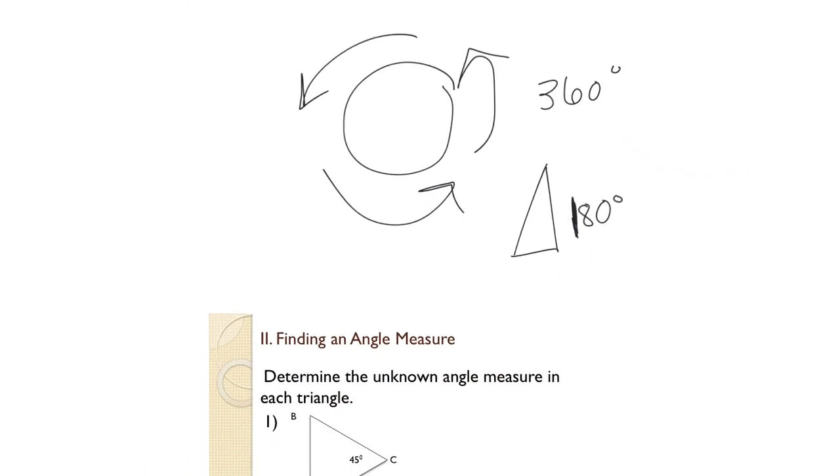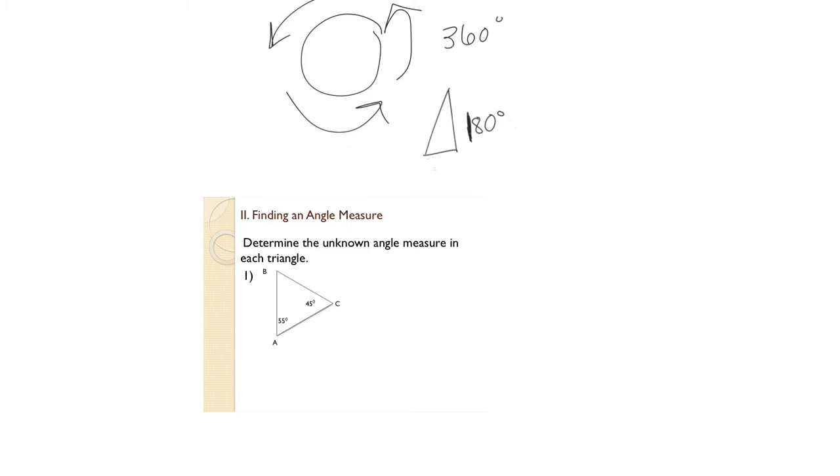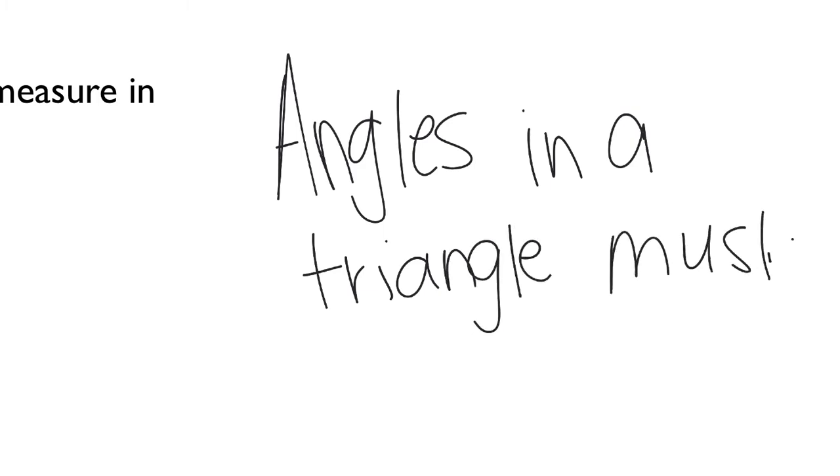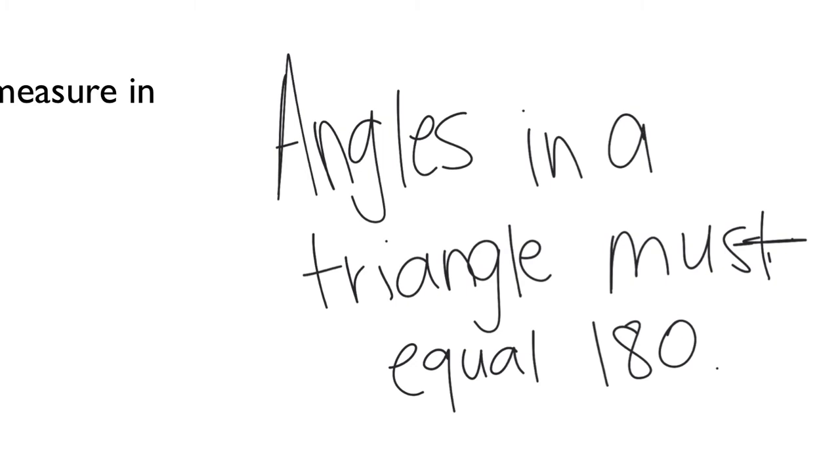That's a 1. Okay? So what that means is that angles in a triangle must equal 180. I want that statement written on your paper around this question somewhere. Angles in a triangle must equal 180.